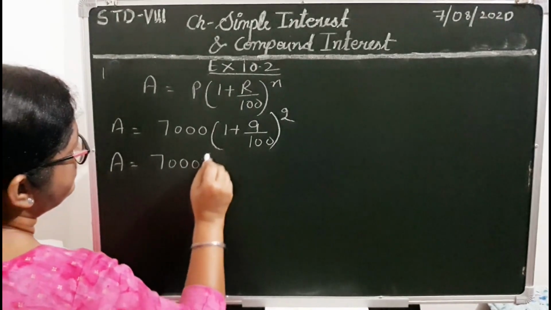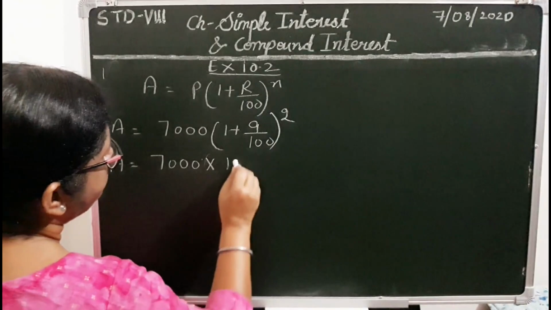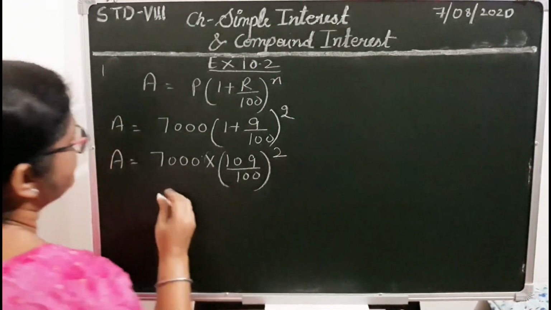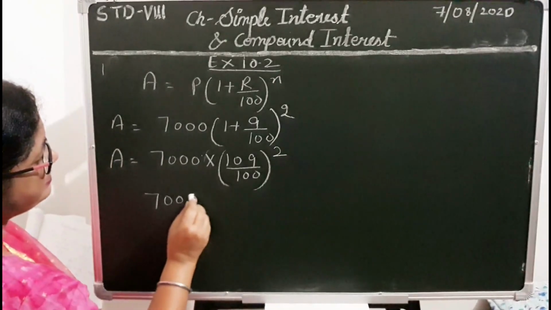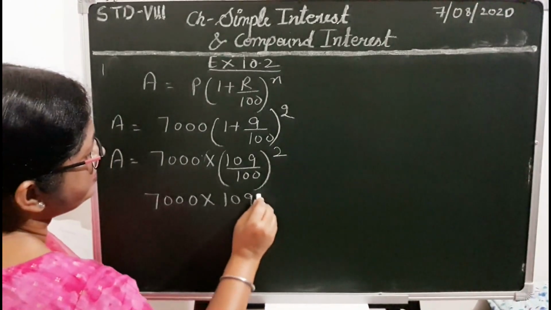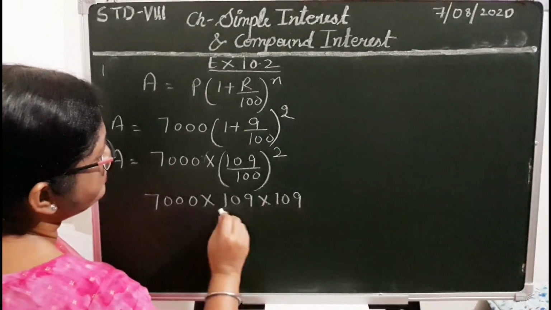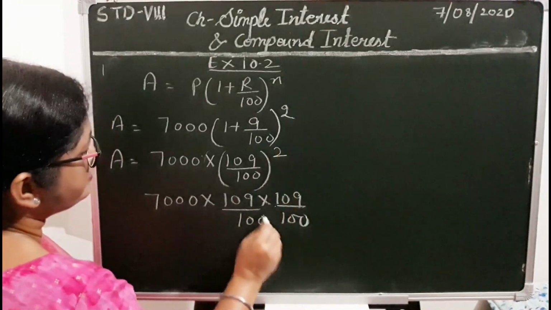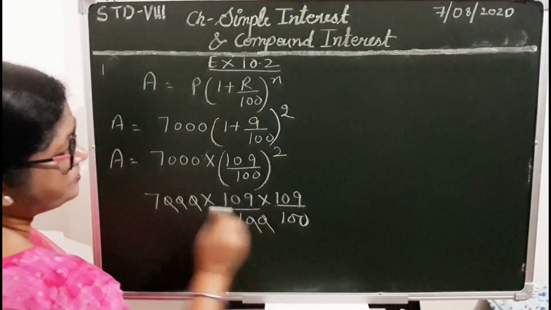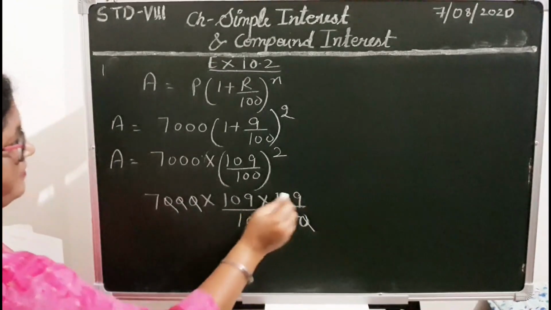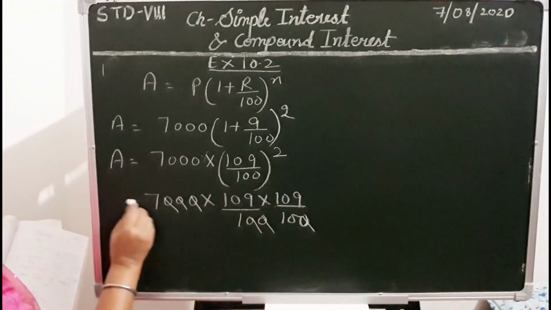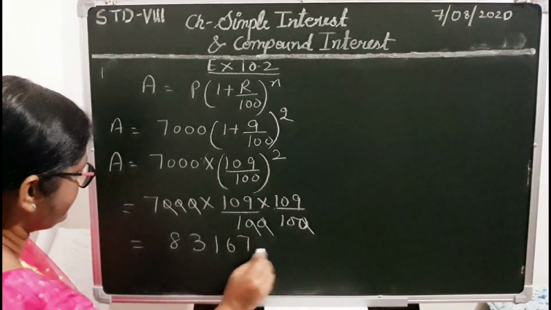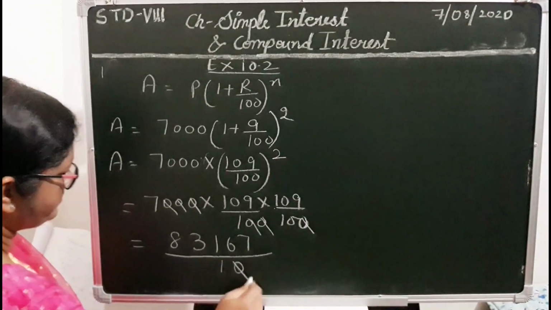7,000, 109 over 100. 7,000 multiply 109 multiply 109, because it is 2 times. Cancel the zeros. Now multiply 109 multiply 109, 7 8 3 1 6 7 over 10.